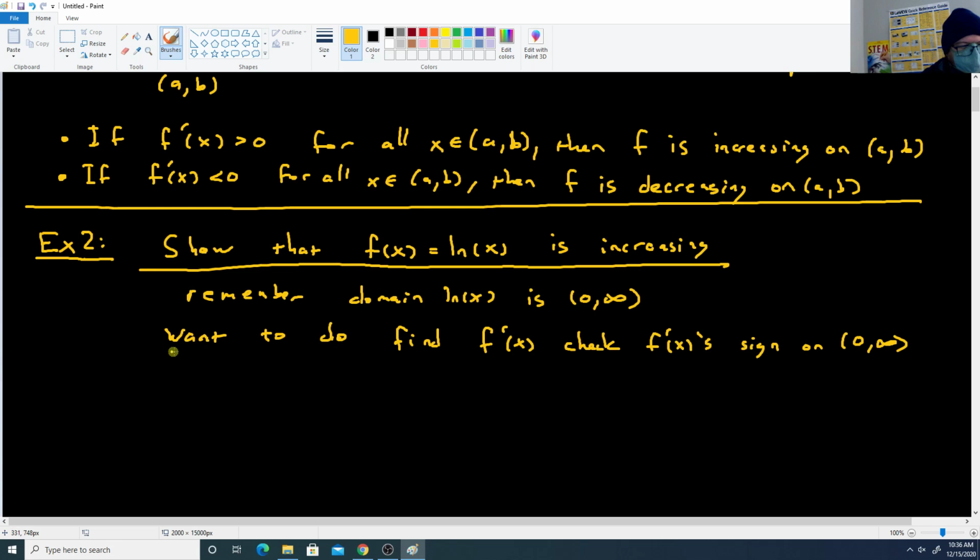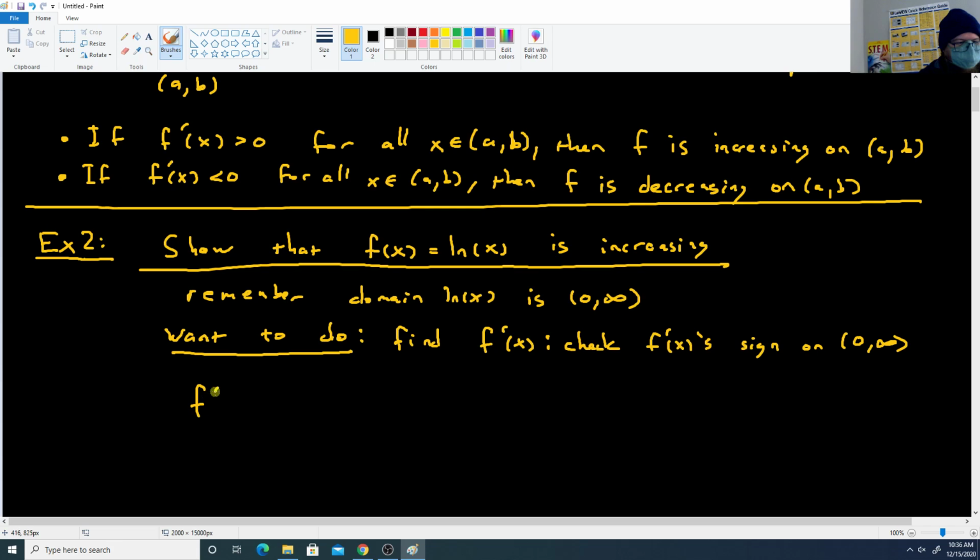This is the approach we want to take. Once we get the first derivative, we check its sign on 0 to infinity, and hopefully we can show it is positive, because then if the first derivative is positive for all x in 0 to infinity, the function we took the derivative of, in this case natural log of x, will be increasing, and we'll have shown what we're trying to do.